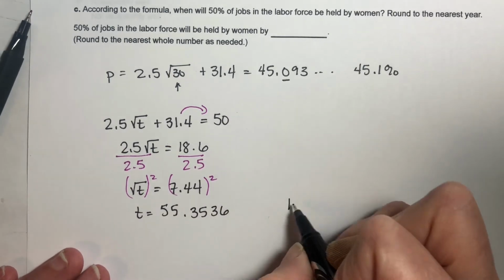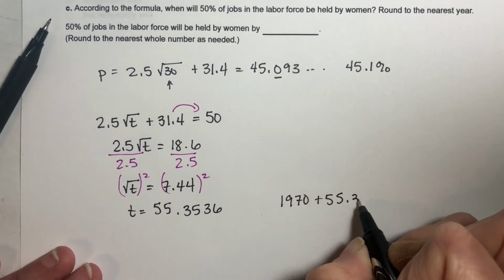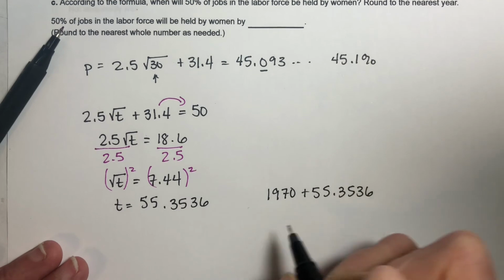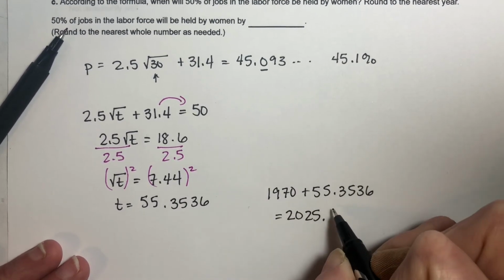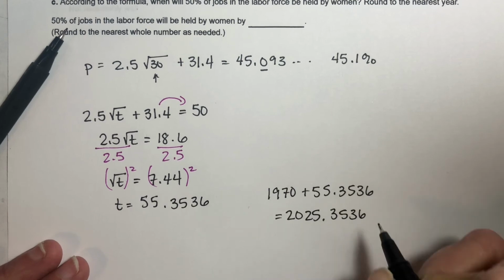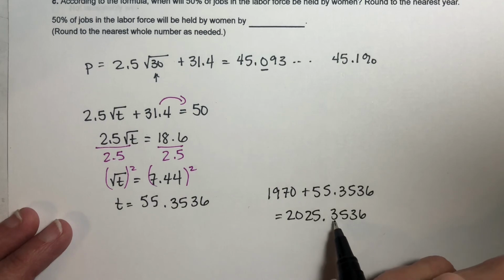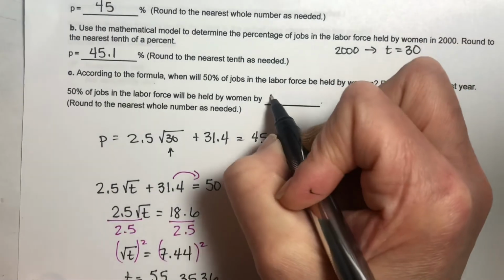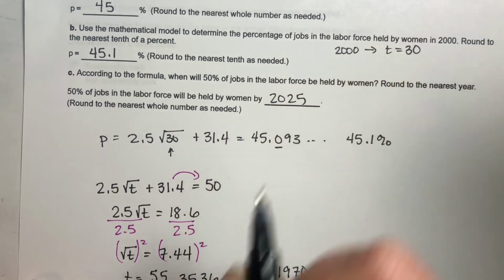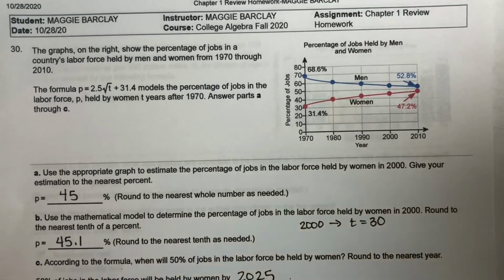So if I take 1970 and I add 55.3536, I get 2025.3536. And we're asked to round to the nearest whole number, so the answer they want here, since that's a 3, is 2025. And that would be the end of problem number 30 from the Chapter 1 homework review.